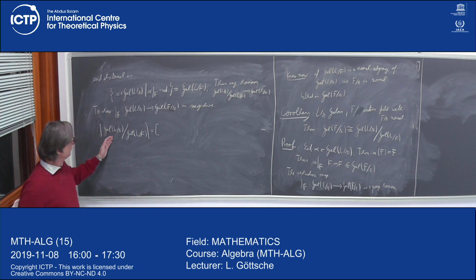So these are both Galois extensions, so the number of elements in the Galois group is equal to the degree of the field extension.